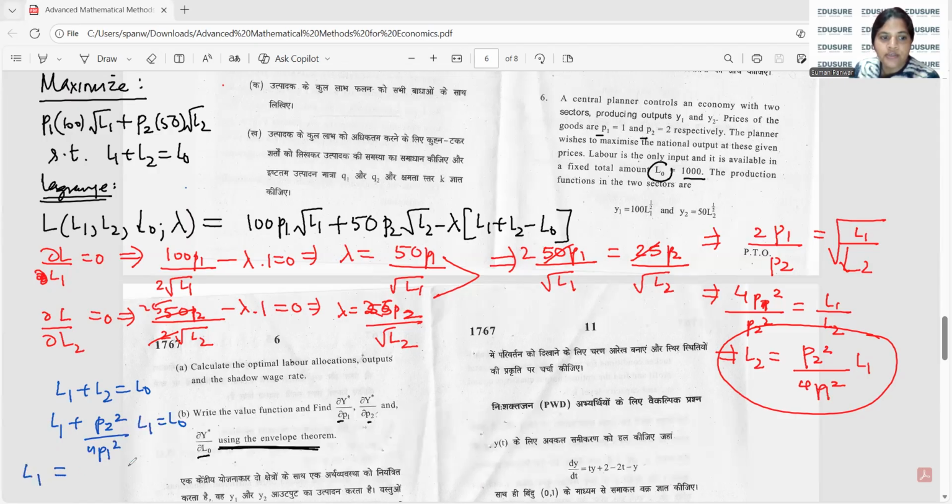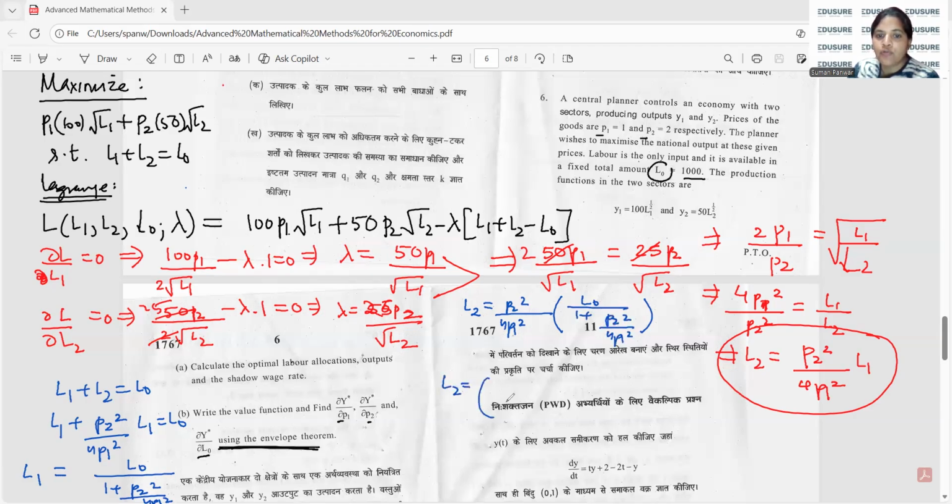So L1 is equal to L0 upon 1 plus P2 square by 4 P1 square. And L2 is equal to P2 square by 4 P1 square times L1.